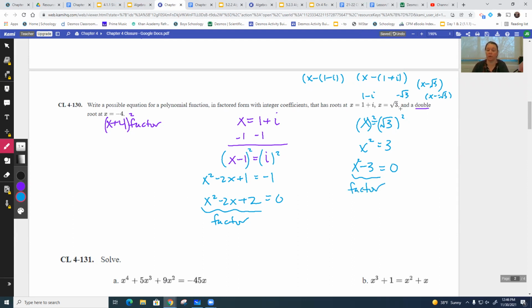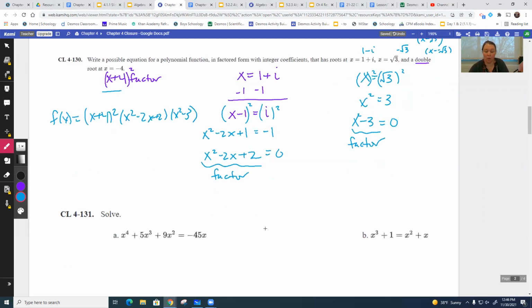So here's a factor, here's a factor, here's a factor. So then our polynomial would be f of x equals this times this times this. So (x plus 4) squared times (x squared minus 2x plus 2) times (x squared minus 3). And the order you have these factors in does not matter. So that would be fine either way.